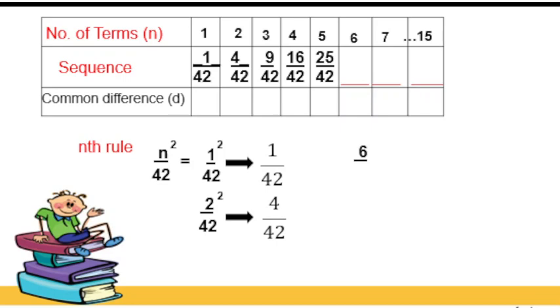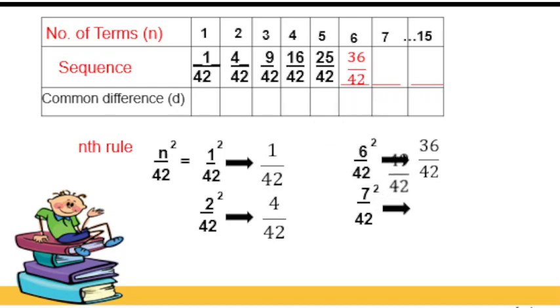So this time, let's get the 6th term. So this is 6 squared over 42. That will become 36 over 42. And for the 7th term, 7 squared over 42 is 49 over 42.